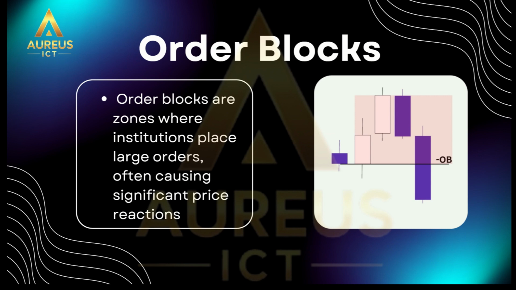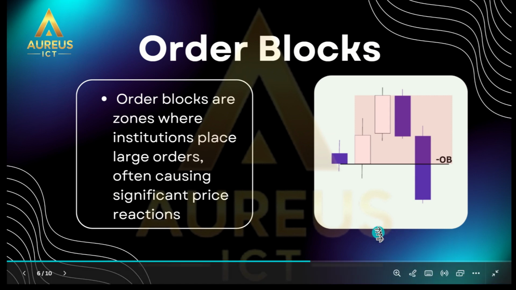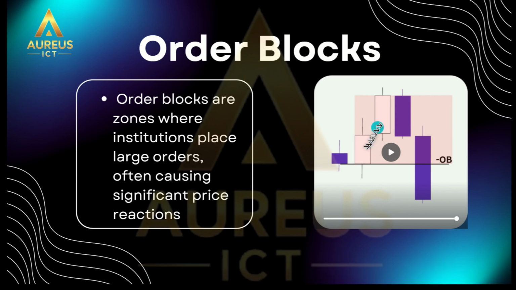And an order block in this case on the chart here is these 1, 2 upward moving candles. These upward candles are going to act as an order block when price returns and closes below this order block here, and then revisits this order block. Price will tend to be pushed lower.